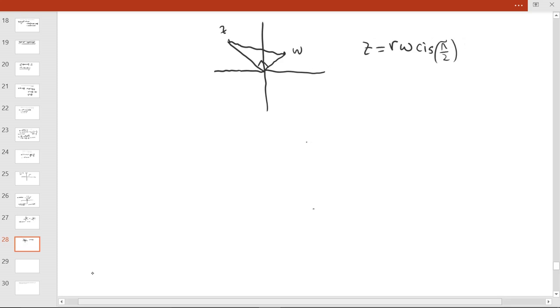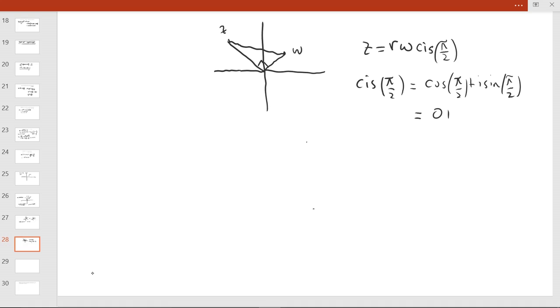Now first we compute cis pi over 2. This is just cosine pi over 2 plus i sine pi over 2, and cosine pi over 2 is 0, and sine pi over 2 is 1. So this is just equal to i. So from this, we have that z is equal to rwi.